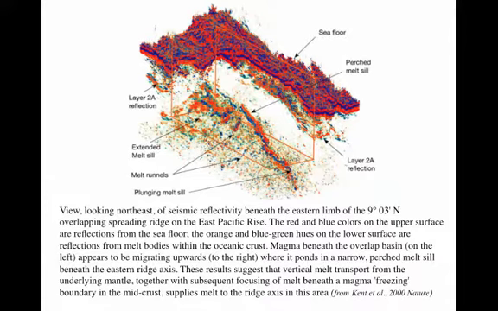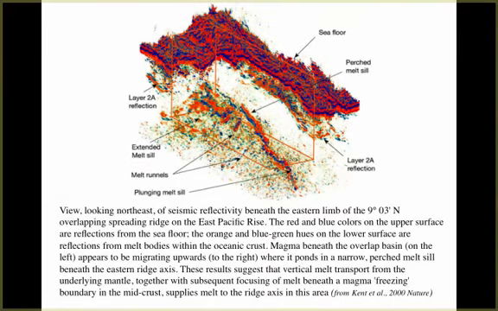If we look at the seismic reflectivity beneath the eastern limb of the East Pacific Rise, we're looking at an overlapping spreading ridge. The red and the blue colors on the upper surface are reflections from the seafloor, and the orange and blue-green colors on the lower surface are reflections from melt bodies within the oceanic crust.